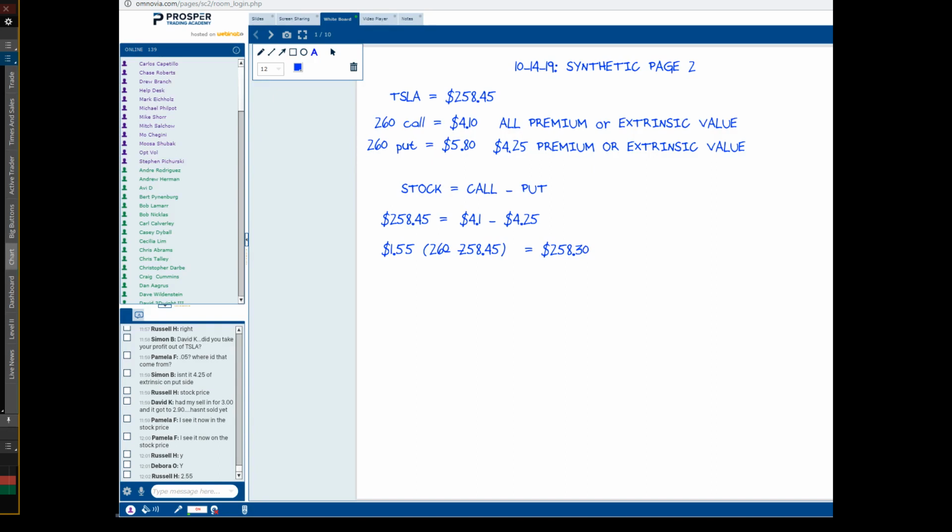Okay, so this shows you both from the delta and from the premium standpoint how options relate to one another. And they have to be equivalent. Otherwise, there is an arbitrage opportunity.